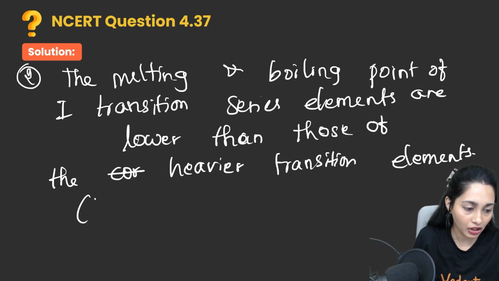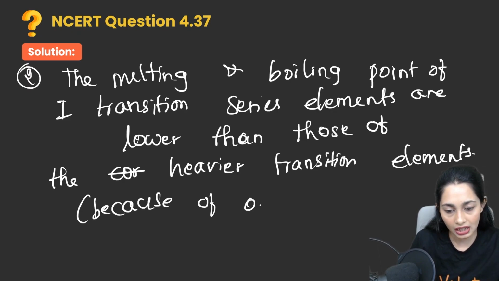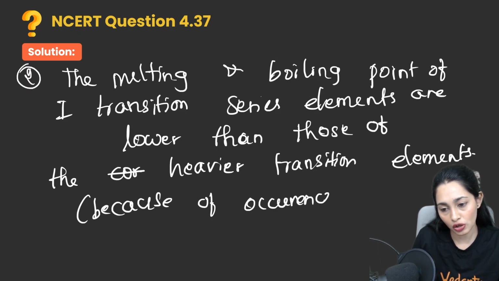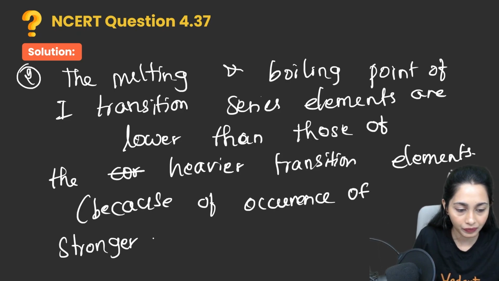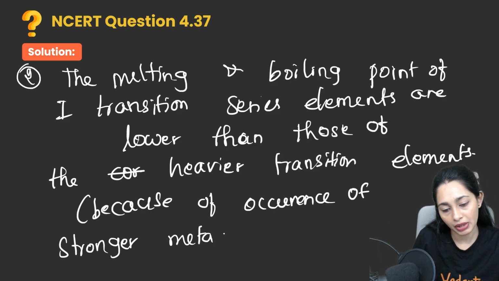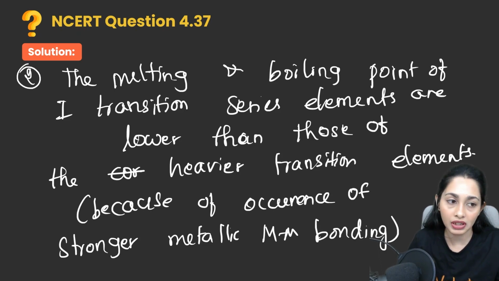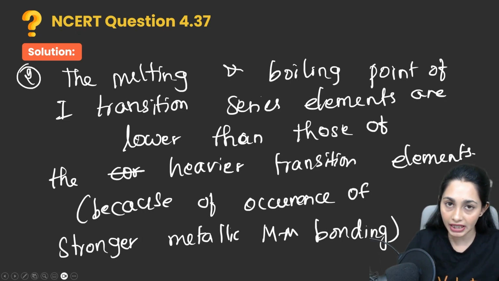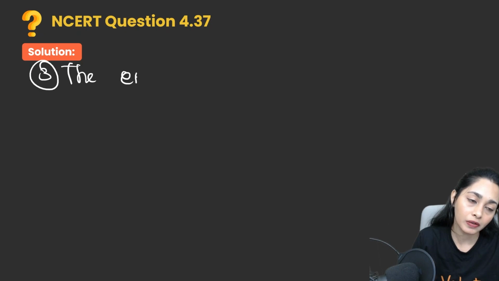Why? Because of the occurrence of stronger metallic bonding. That is the discrepancy in the melting as well as boiling point. And the enthalpies of atomization.